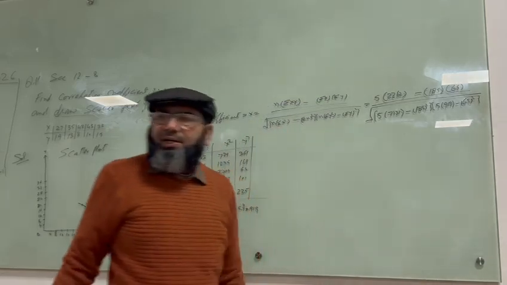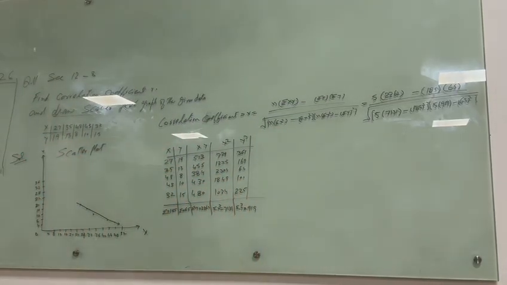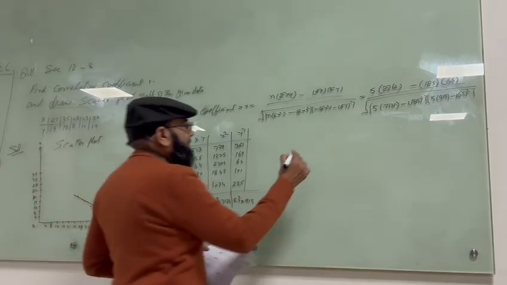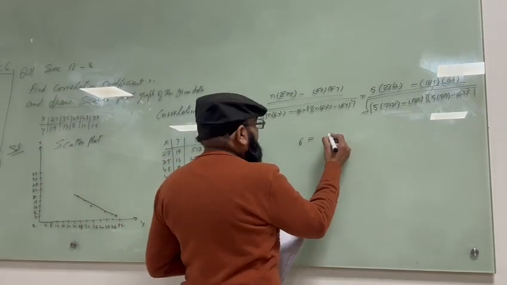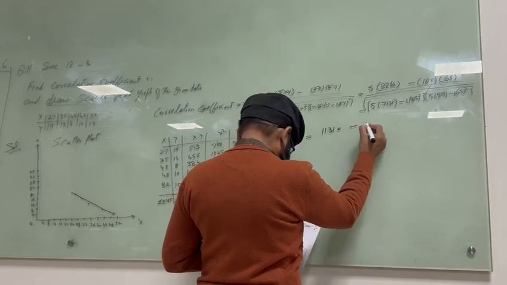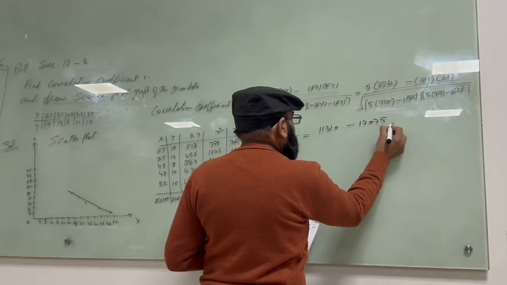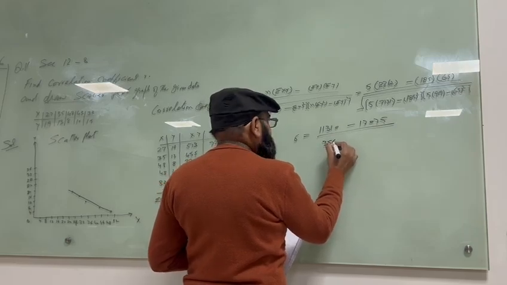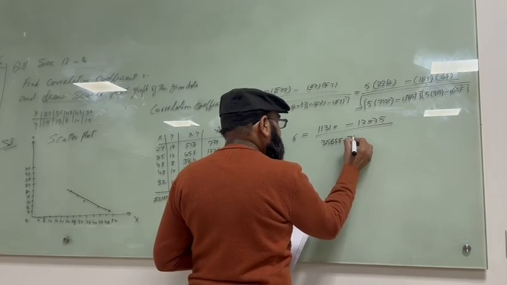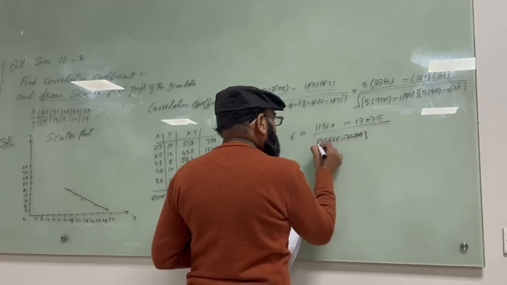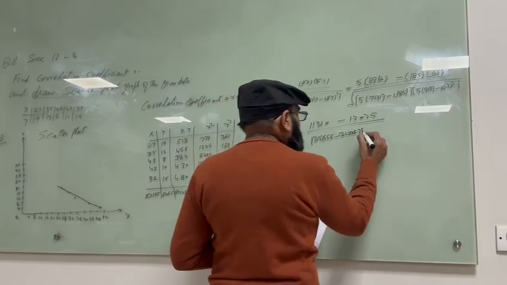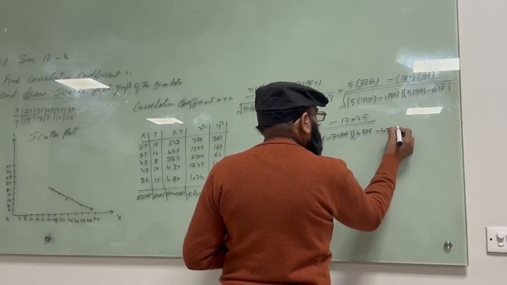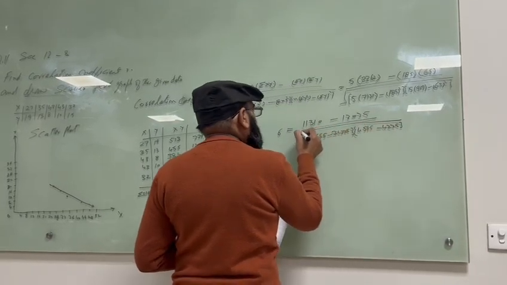Now use your calculator and find its value. Okay, hurry up. It is here: 11310 minus 12025 in the numerator, over the square root of (35655 minus 34225) and (4595 minus 4225).